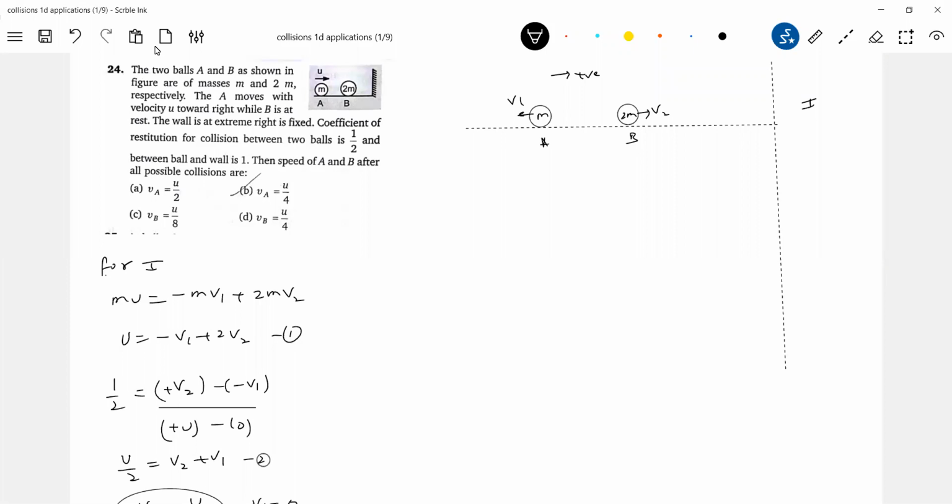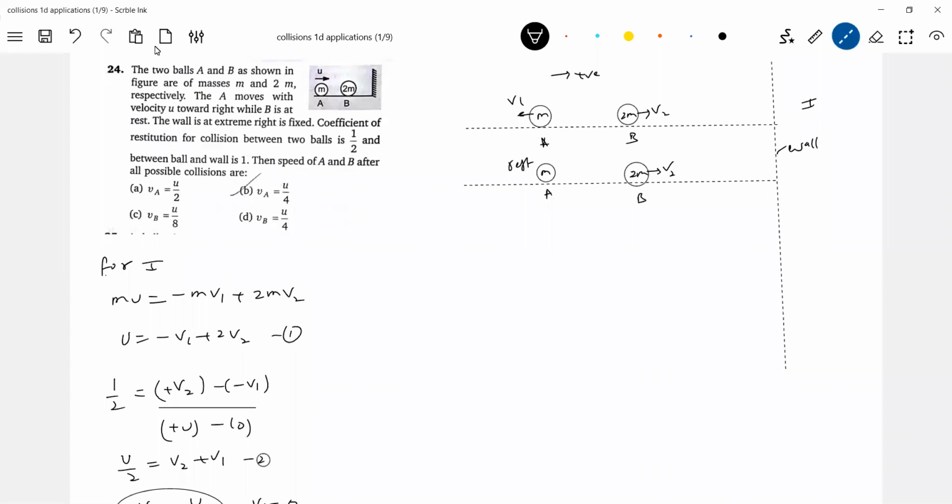So what is the sequence that occurs? This will be at rest, and this will continue to move with a speed v2. And the collision between the wall and the ball is elastic, and e is equal to 1.